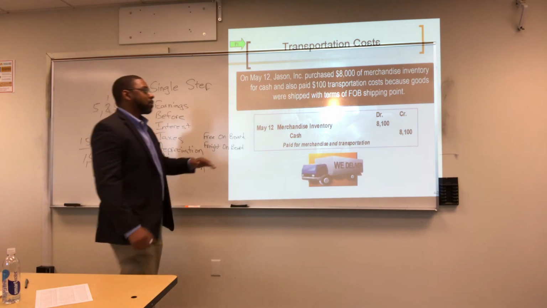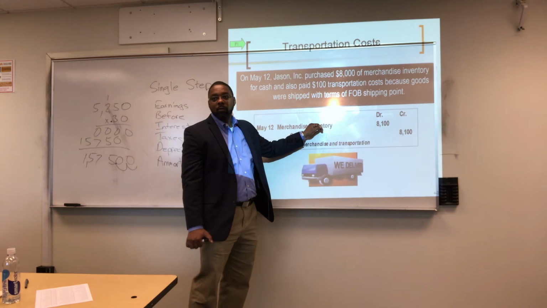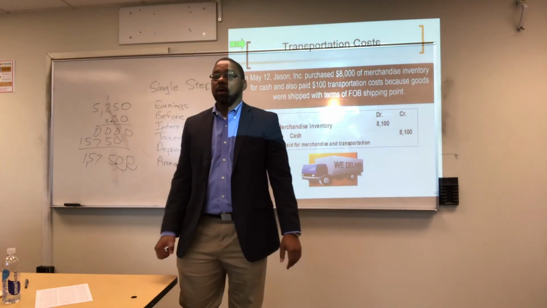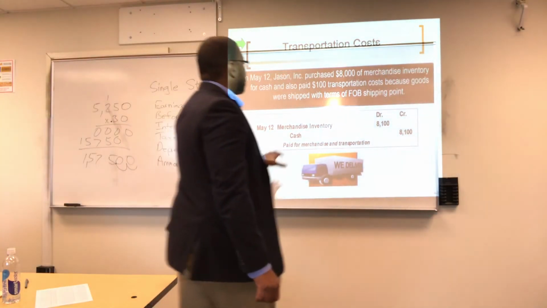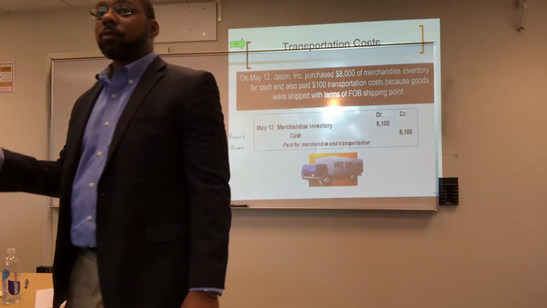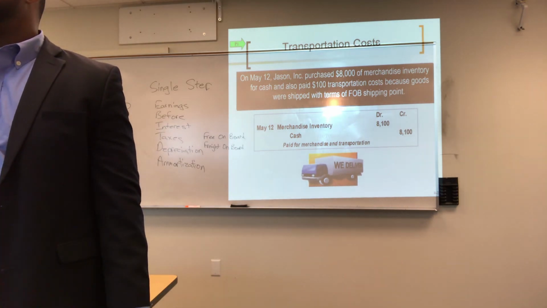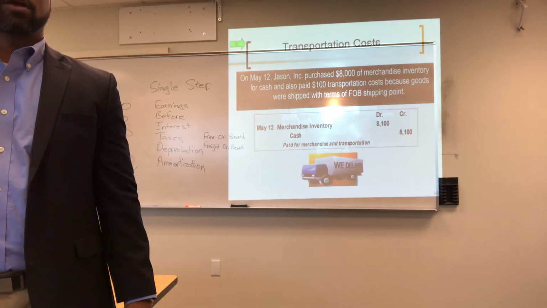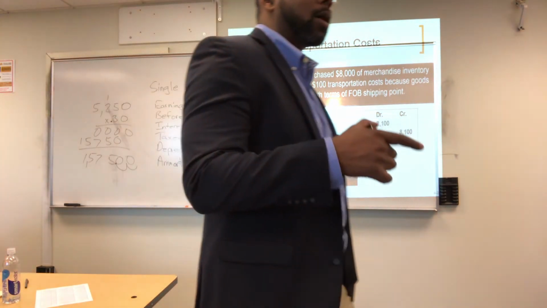Now, some of you might be saying, why isn't it, Professor, just an $8,000 debit for merchandise inventory and a $100 debit for, let's say, shipping costs, transportation expense? Because merchandise inventory, we're going to talk a lot more about this in chapter 5, but in chapter 4, I'm introducing you to it. Merchandise inventory includes everything that it costs to bring product up for sale.